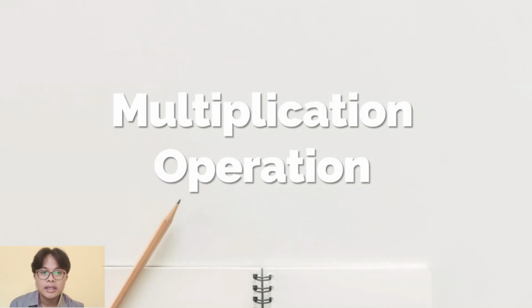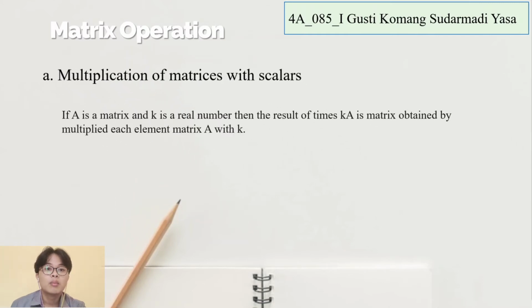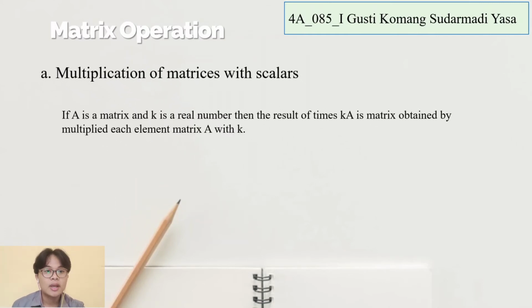Okay, the last operation is the multiplication operation. Multiplication operation is divided into two parts. The first part is multiplication of a matrix with a scalar.